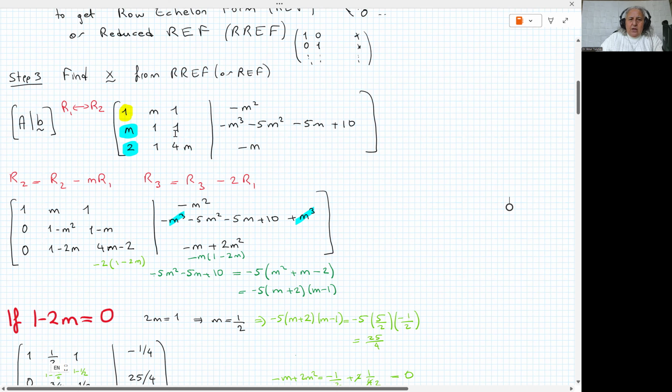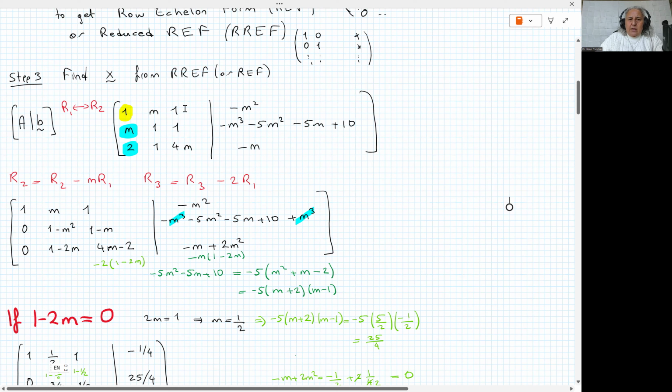And then the second row will be minus m times this, adding here. So that will be gone. Minus m squared plus m squared will be gone. And for the last one, this will be 0. This will be 1 minus 2m because we are multiplying by minus 2 to row 1 and adding to row 3.